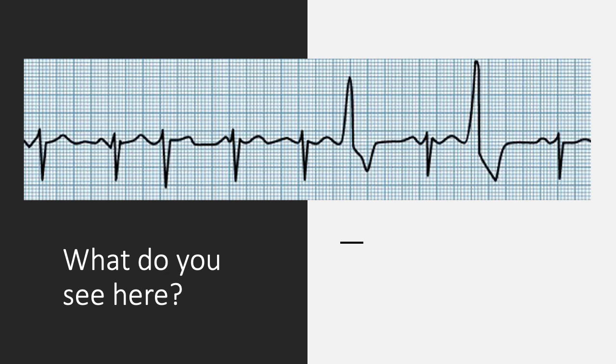So what do we see here? Well, we see a couple of abnormalities actually. So we have a QRS wave here and a T wave here.